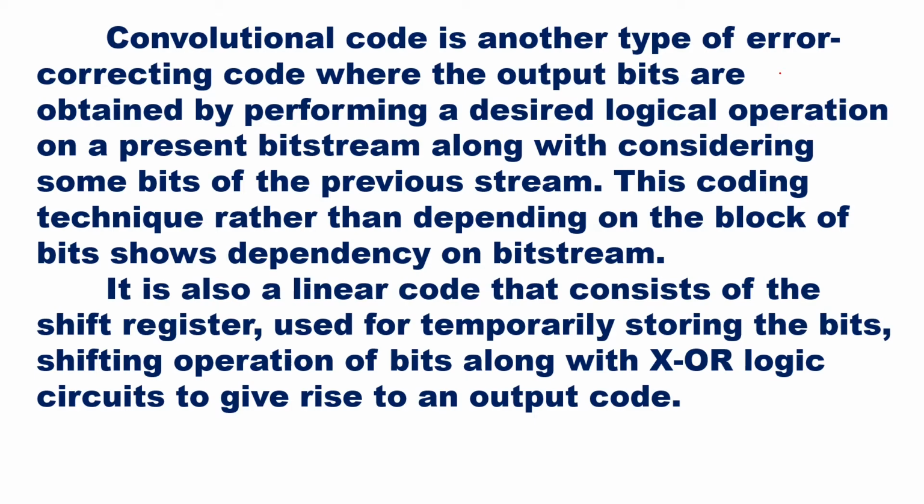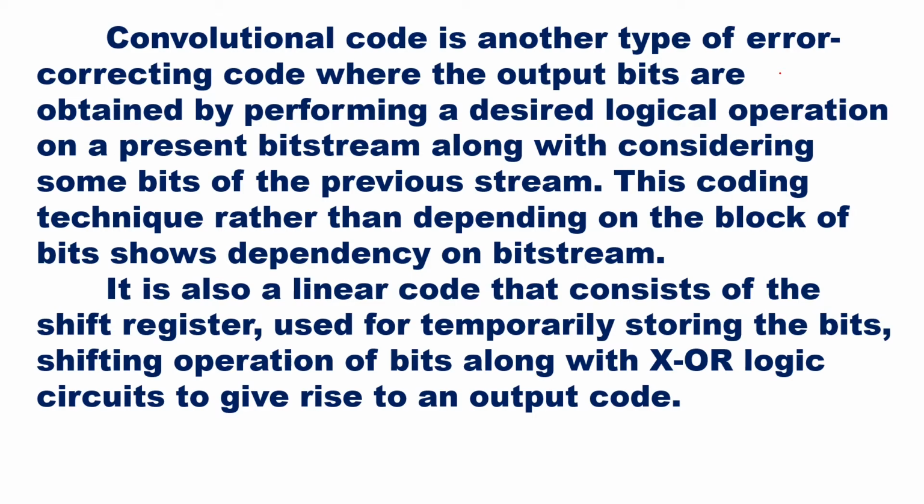So whenever you hear about convolutional coding, one thing should come into your mind: you're going to get the input data bit by bit. The data will be operated on with shift registers along with XOR logic. Due to these operations, we do modulo 2 addition, and we will get an output code.